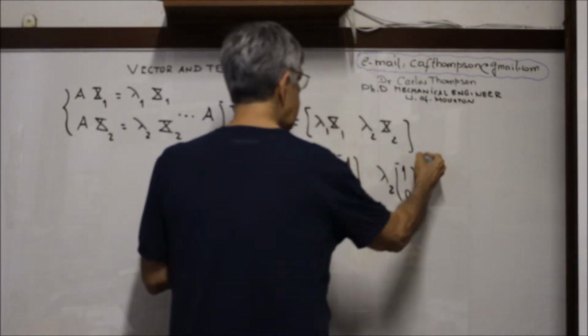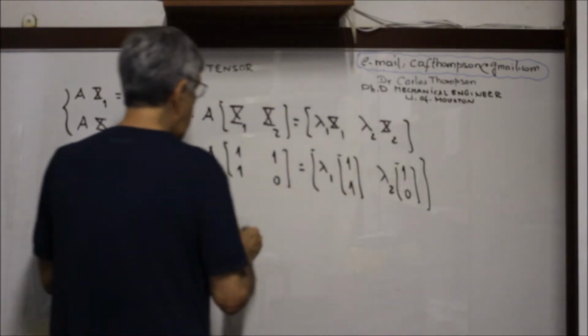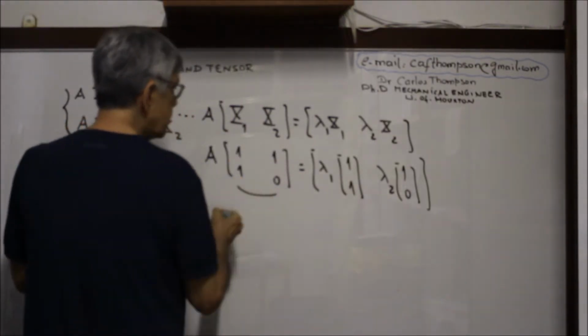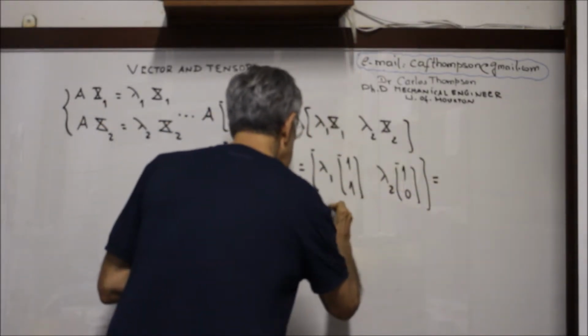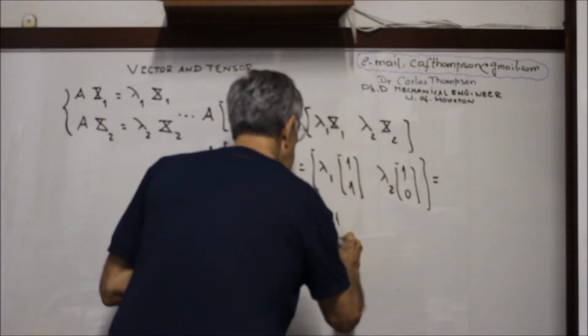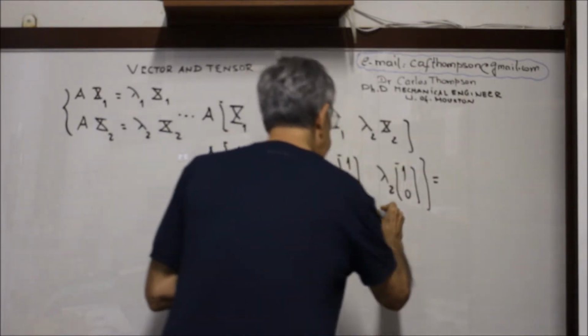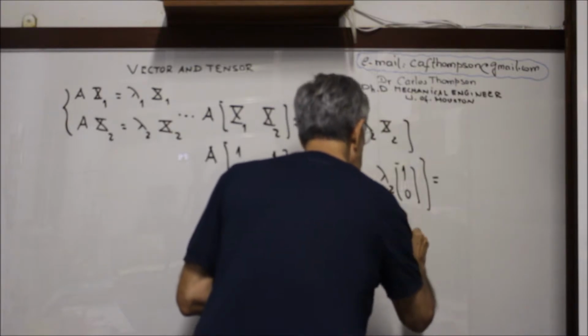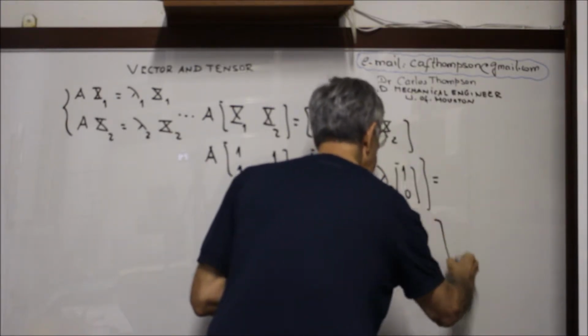Now you can write this like this: the matrix [1 1; 1 0] times the matrix [lambda 1 0; 0 lambda 2].